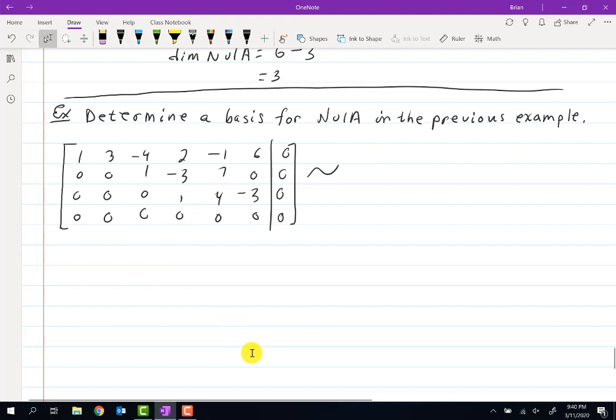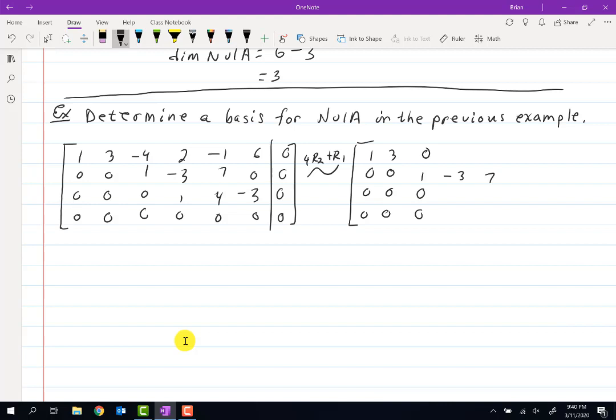So what I'll do is I'll take 4R2 plus R1. That won't affect the first 2 columns in this matrix. But here it'll wipe out the entry above it. The entries below it will not be affected. In fact, its own entries won't be affected, and neither will the items below it.